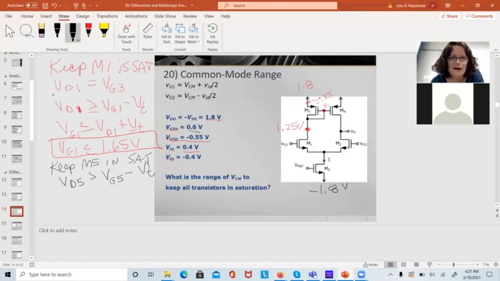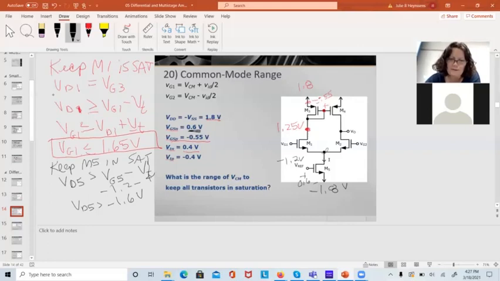The VGS of my NMOS transistors is 0.6. So this is negative 1.2. So the gate voltage on M5 is negative 1.2, minus 0.4. And so my VD5 has got to be greater than negative 1.6 volts.